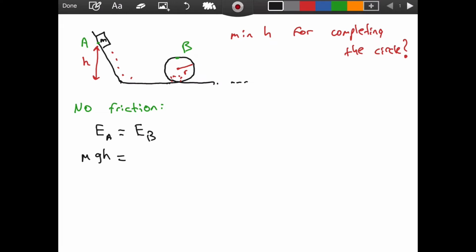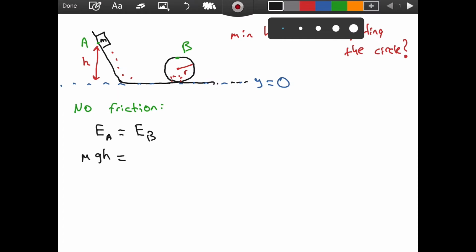What about the energy at B? Well, certainly there will be some potential energy. And let's say this even. We choose this horizontal track level as our y equals 0 line. This is the level that we choose as 0. What is the height of B relative to this horizontal line?